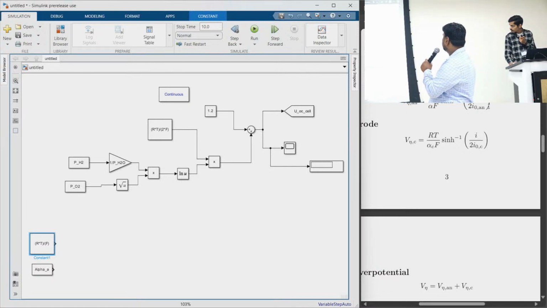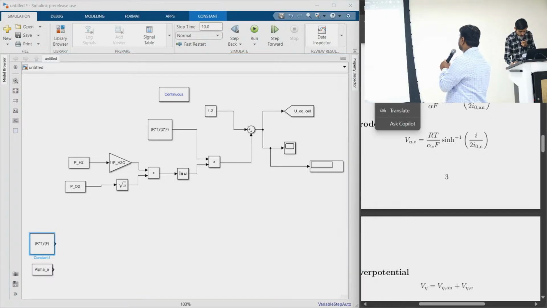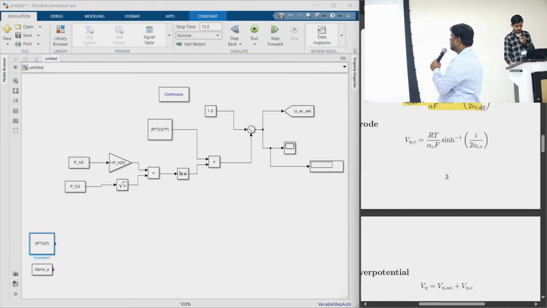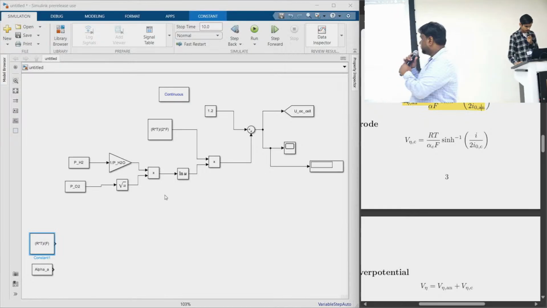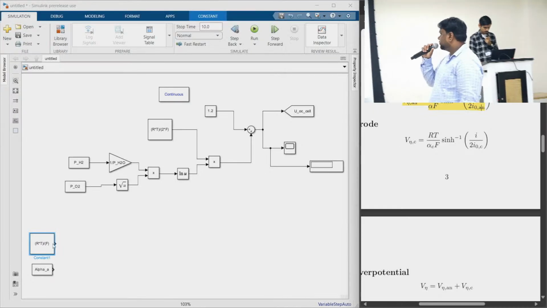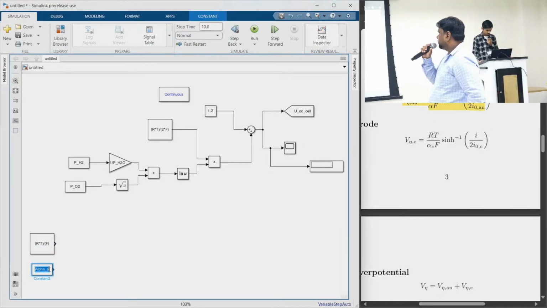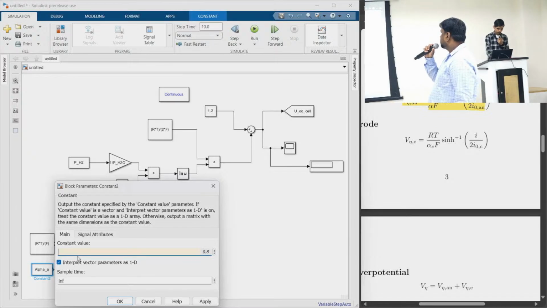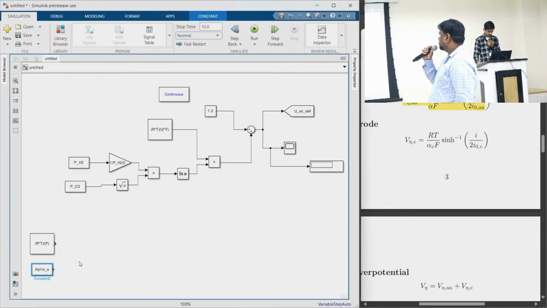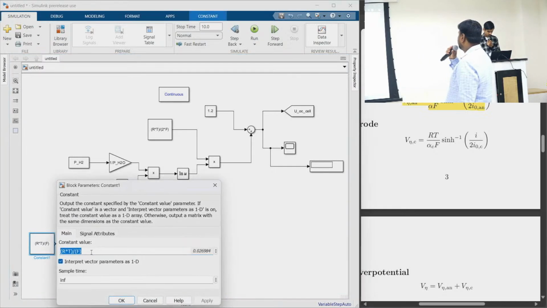Can you just highlight that? This is the next equation we are going to implement. You can do alpha F inside.